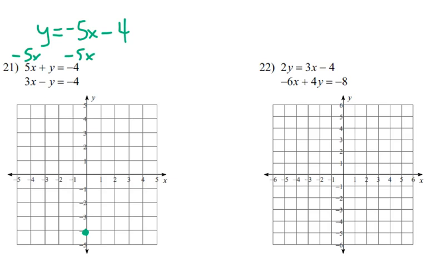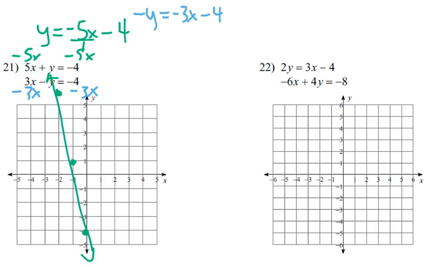So negative 4, slope of negative 5 over 1, so we've got to have a negative slope here. We can't go down 5, so we'll go up 5 to the left 1. Okay? So up 5 to the left 1, somewhere about right there. There's our first one. Then we subtract 3x here. That negative stays with the y, so negative y equals negative 3x minus 4. Divide everything by negative 1.